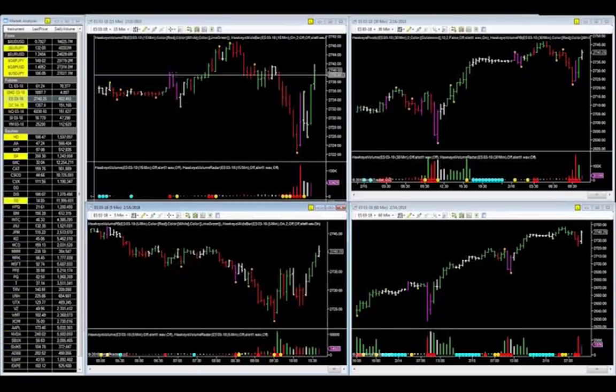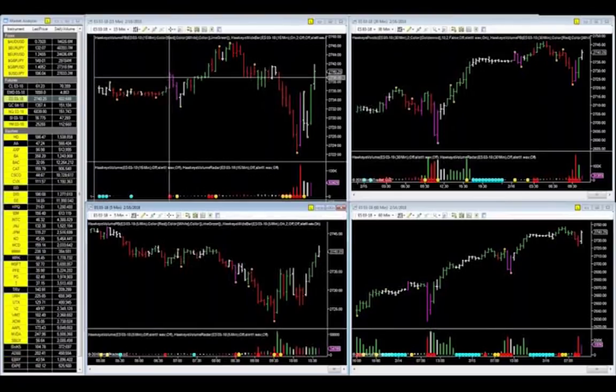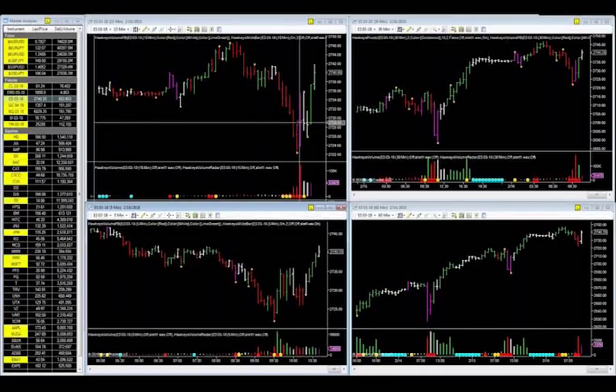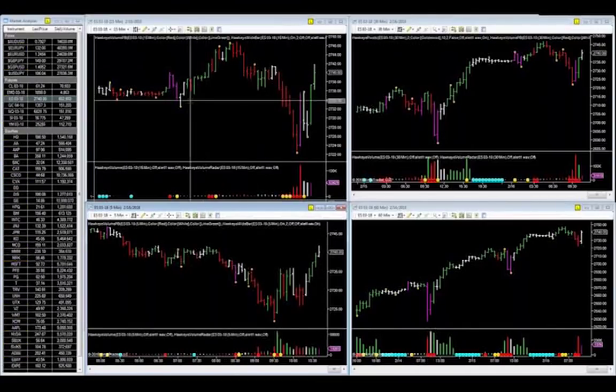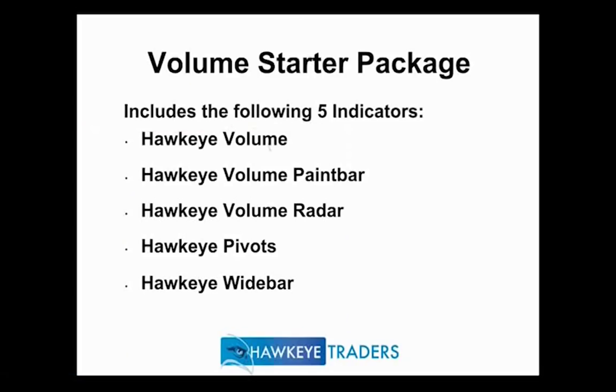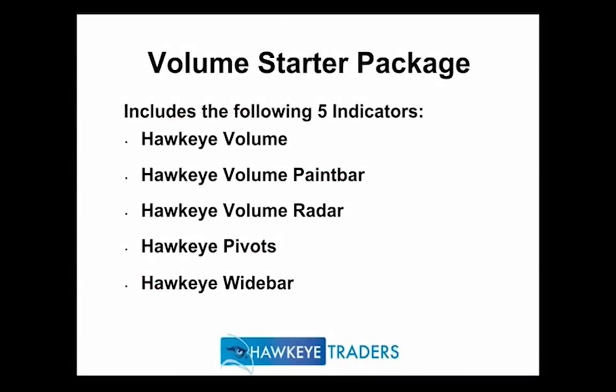And Hawkeye Wide Bar, that's the purple bar that shows when large market events or news events occur and you're trying to identify twice average true range values. So these are all part of the Hawkeye starter package. Okay, volume radar, volume paint bar, pivots, and wide bar.